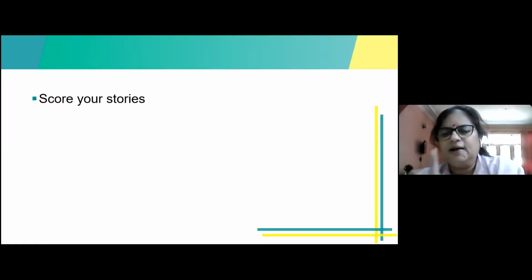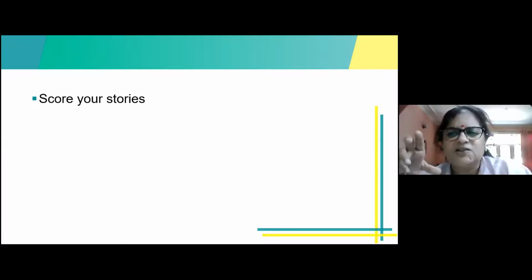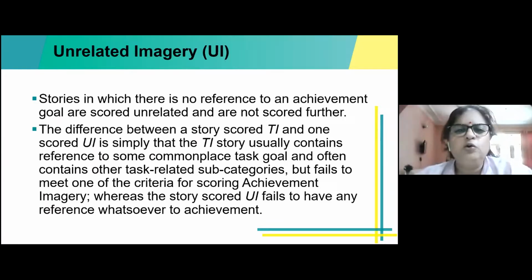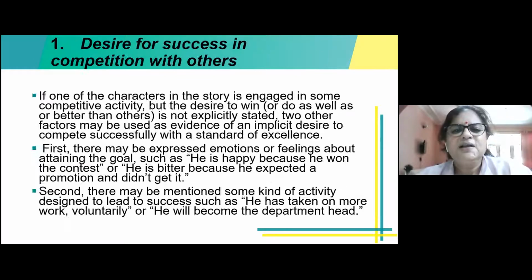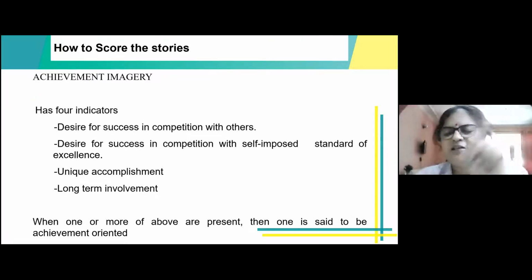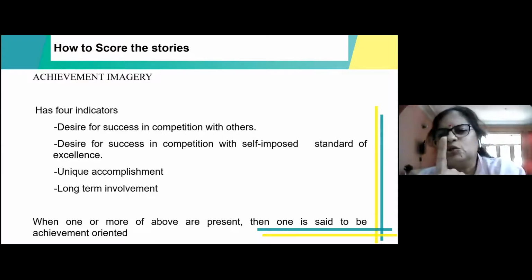If the first picture was picked up and the group went through and found explicit evidence of any one of the 4 achievement criteria, that is, desire for success in competition with others, desire for success in competition with a self-imposed standard, unique accomplishment, or long-term involvement, then you can score the story and say achievement imagery.